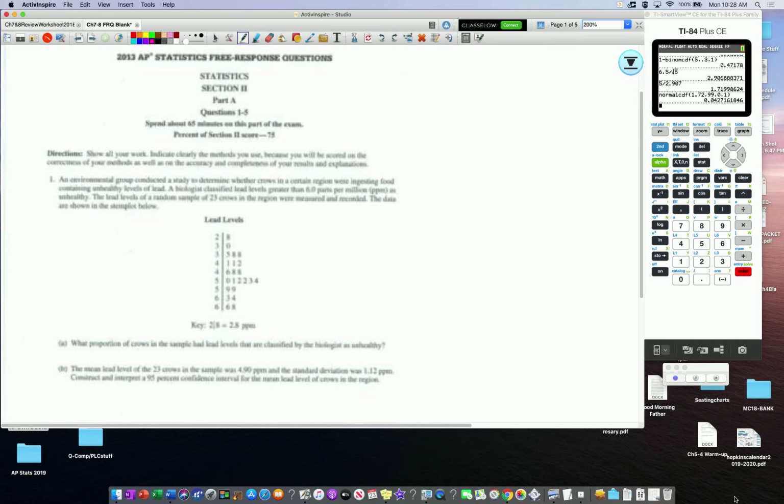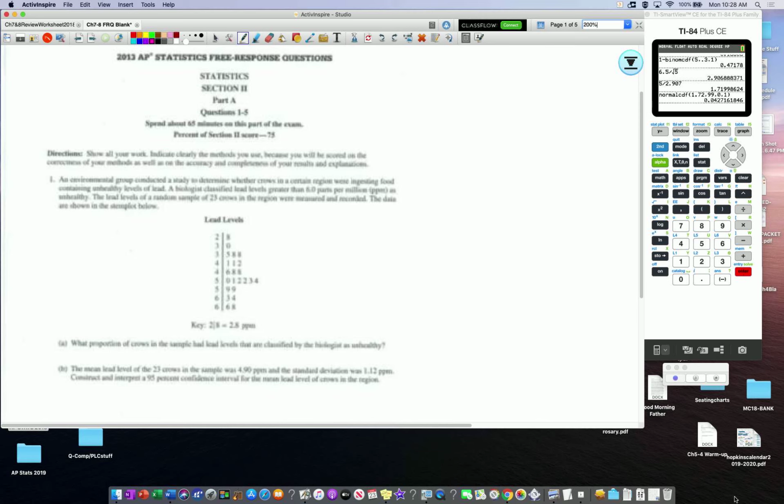The lead levels of a random sample of 23 crows in the region were measured and recorded. The data are shown in the stem plot. It's kind of nice, you got a nice stem plot. So question A is, what is the proportion of crows in the sample that had lead levels that are classified by the biologists as unhealthy?